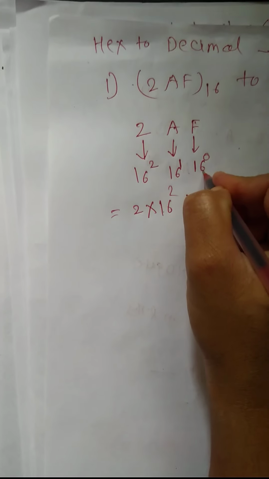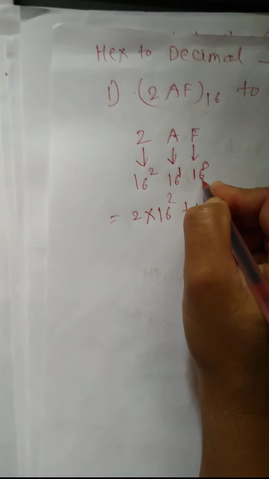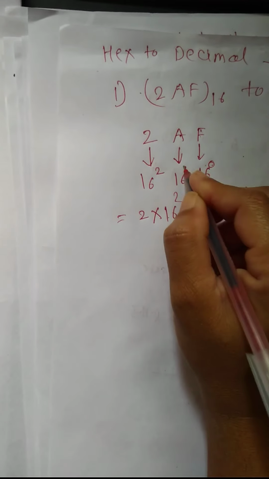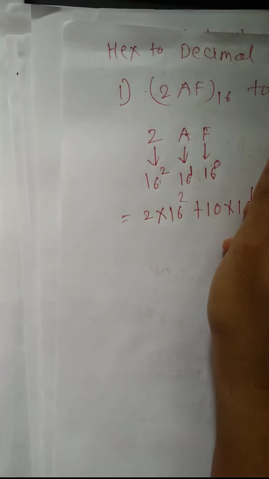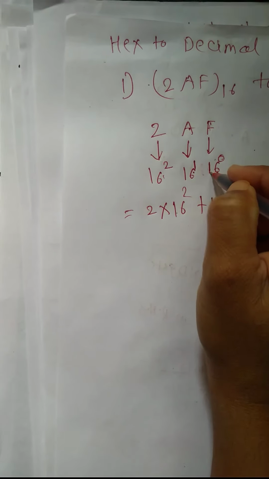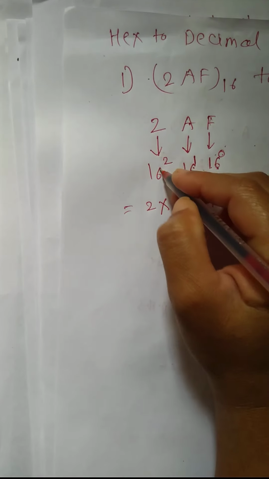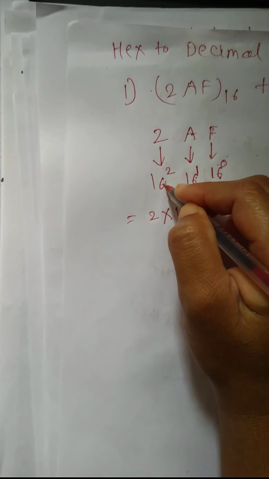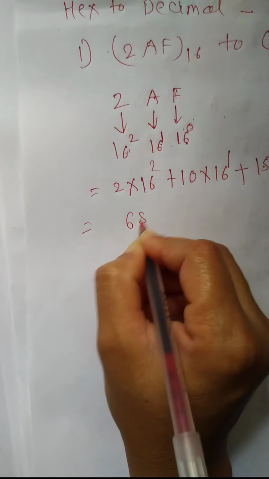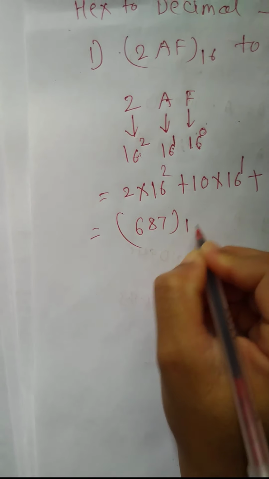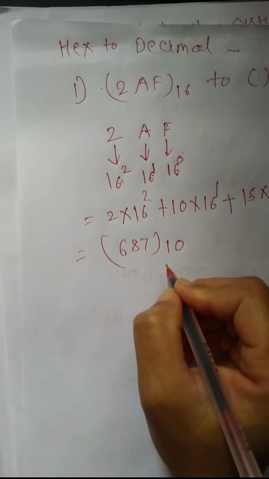For F the power is 0, for A it is 1, and for 2 it is 2, and the base for the hexadecimal number system is 16. The answer is calculated by calculator. It is 687, that is hexa to decimal.